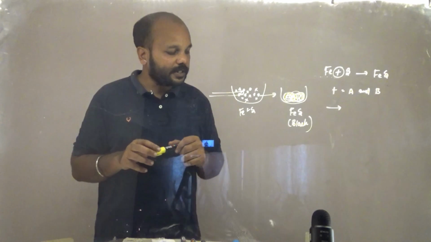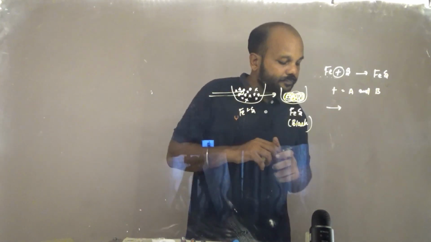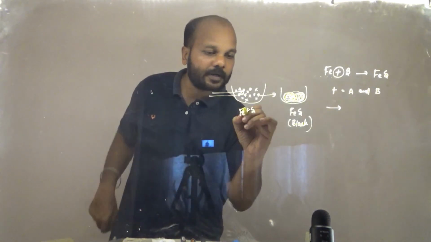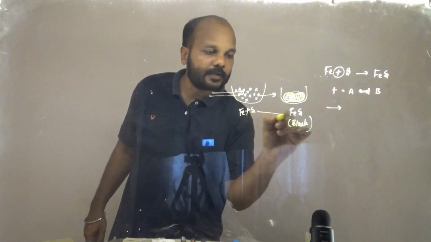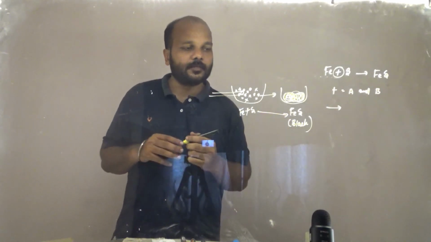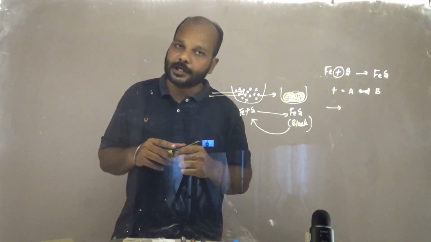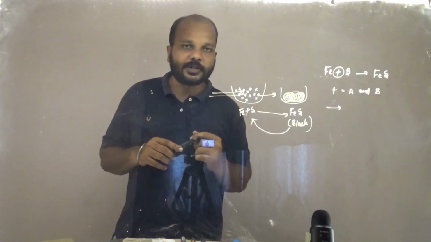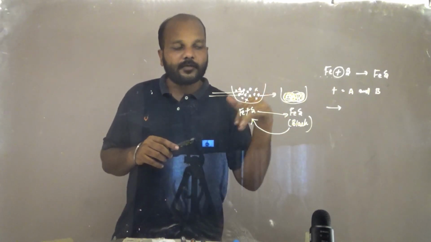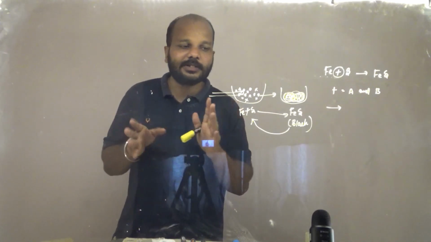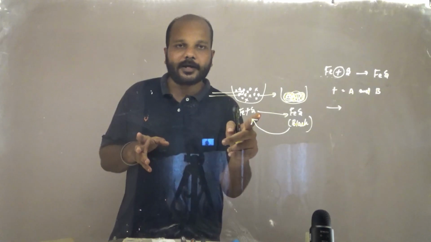So this is the reality. Usually you can easily convert iron and sulfur to FeS. But for the reverse reaction, if you heat this iron sulfide, or put it into solution, it doesn't mean that it will separate into iron and sulfur.